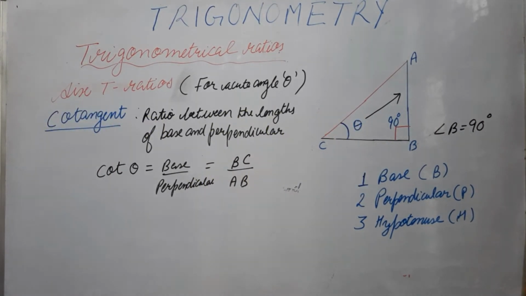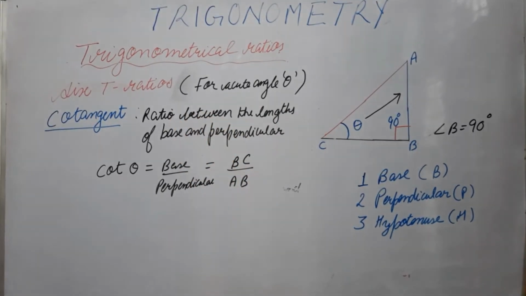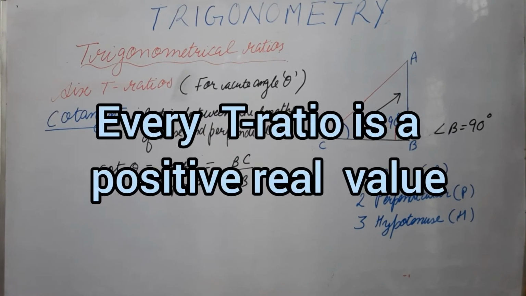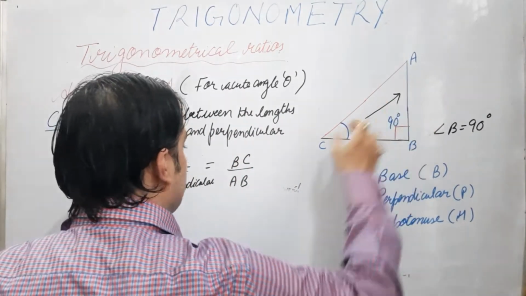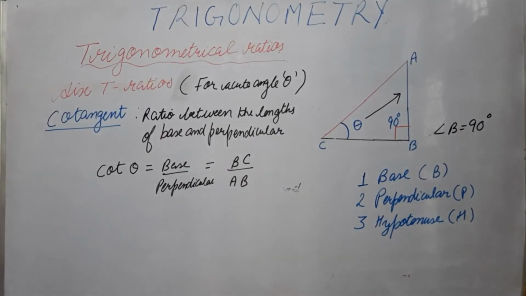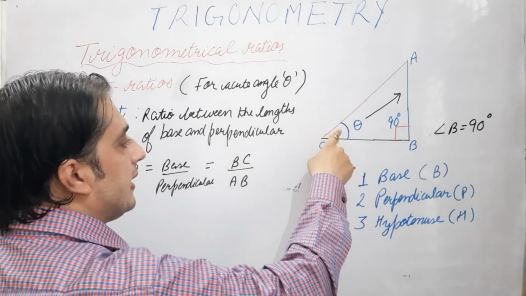So these are the 6 T ratios, namely sine, cosine, tangent, cosecant, secant, and cotangent, right? These 6 T ratios give a positive real number and have no unit. You will get their values when the sides of the triangle are given and you have to find the 6 T ratios with respect to your angle.